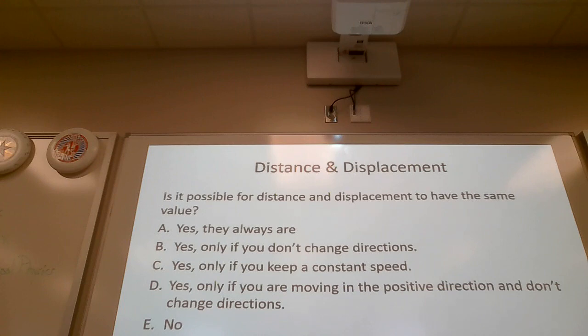It depends on your measuring distance. It's like if you're going in a circle. Correct answer is D.